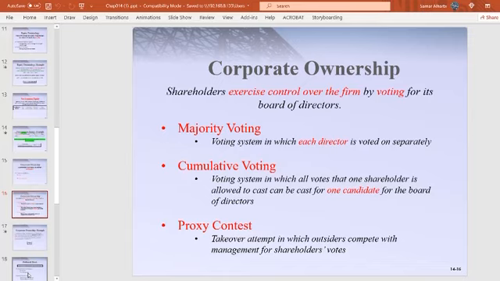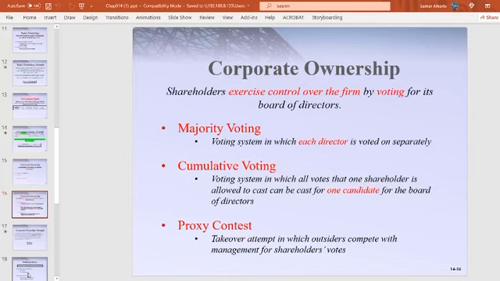He has 100 votes in total, and he may use them or not. For example, he will use 40 for Mr. A, 60 for Mr. B, and nothing left from his 100 votes, right? So he did not want to vote for Mr. C. So this is cumulative voting.